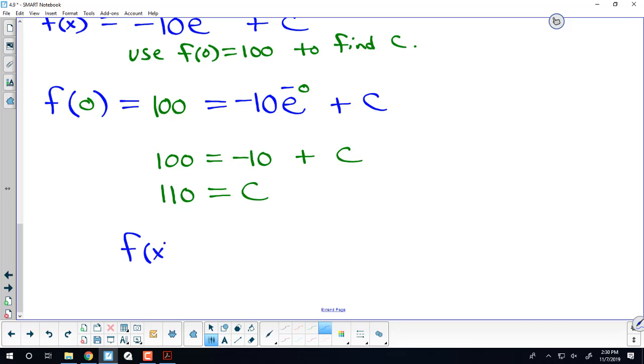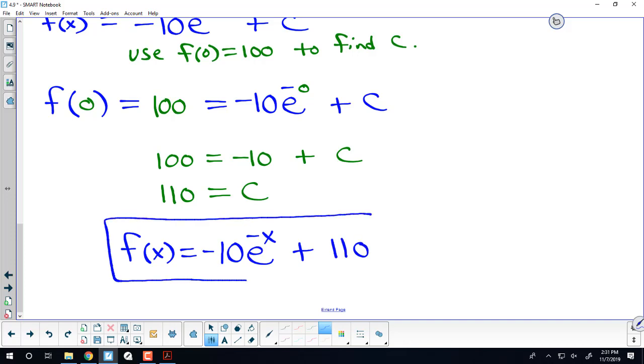We have f of x is negative 10 times e to the negative x plus 110. And so that function there is the function that satisfies the initial condition and the fact that the derivative is 10 e to the negative x. Do y'all have any questions on that?